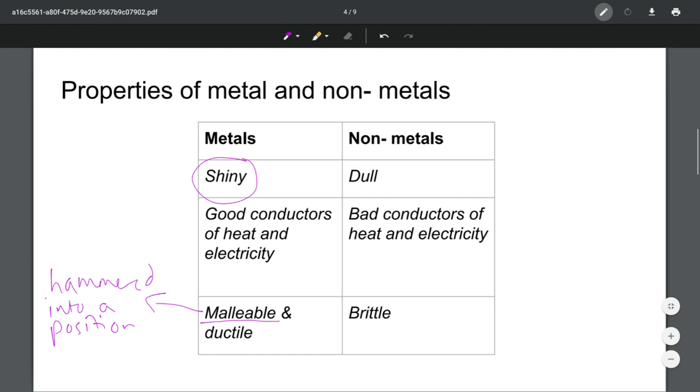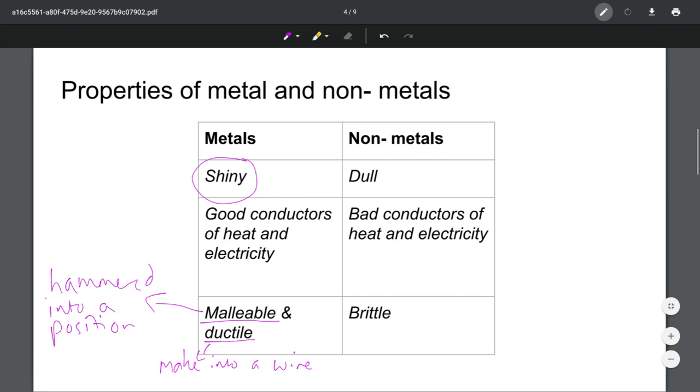The other word here, ductile, sometimes is used interchangeably with malleable. Some people use it to mean the same thing, but what it really means is that you can make it into wires. You can get a piece of metal and you can make it nice and thin and you can stretch it out and it will form a wire.